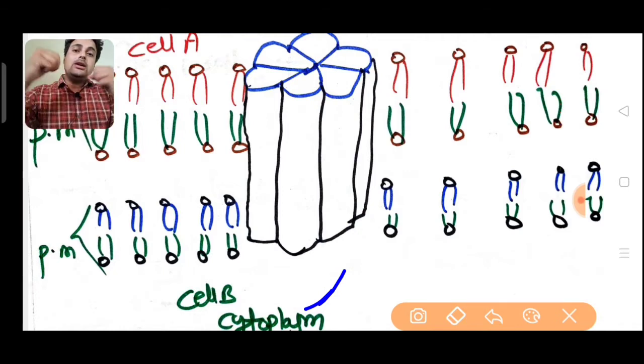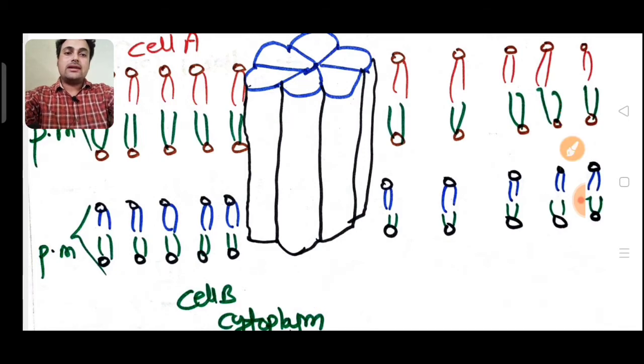In the middle your gap junction can be seen. Okay, this is the gap junction, and it is made up of 6 transmembrane proteins, and these proteins are called connexin proteins. As you can count here, 3 and 3. So 6 transmembrane proteins function as a gap junction.